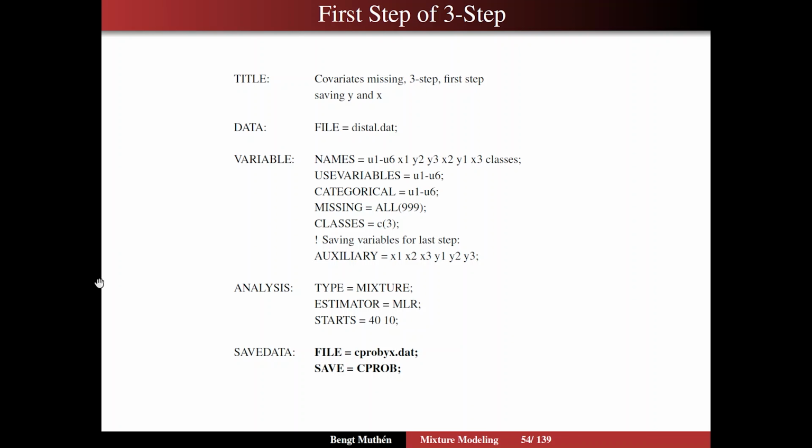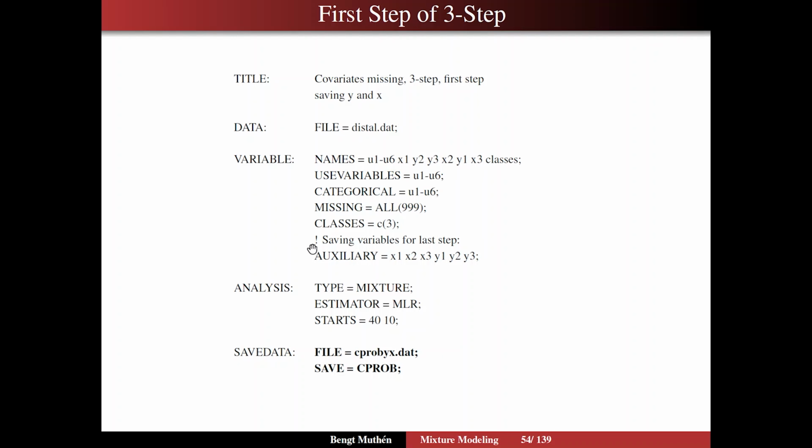So slide 54 then looks at the distal.dat that we generated, the one replication Monte Carlo generated data that we are working with. That's the variable list. And we're going to use the latent class indicators. That's what we always do in the first step. And they are categorical binary. Missing data is designated that way, 3 classes.